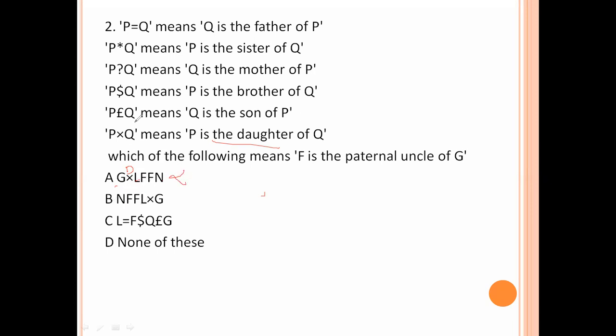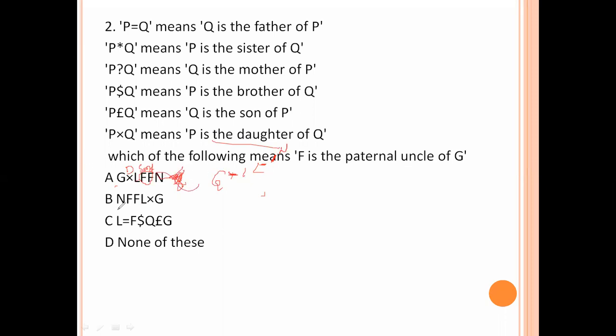N, F, F, L. F symbol. Now I think this F symbol is son. So L is son of N. So the symbol instead of F, we have son of N. G is daughter of L. L is son of N. Now F is the paternal uncle of G. Clarity is not there, so there is no chance.